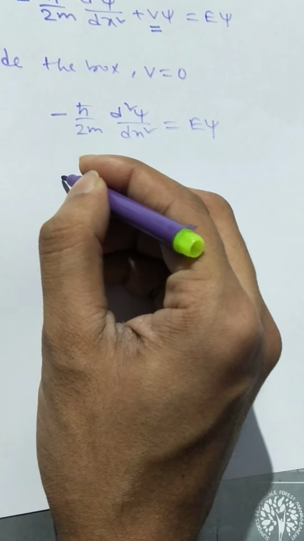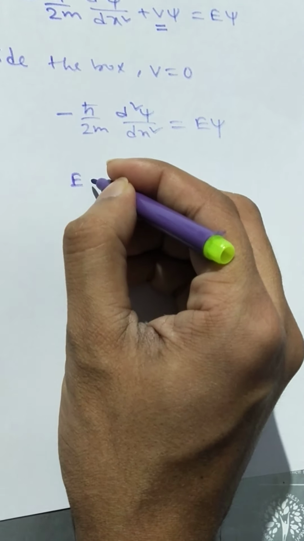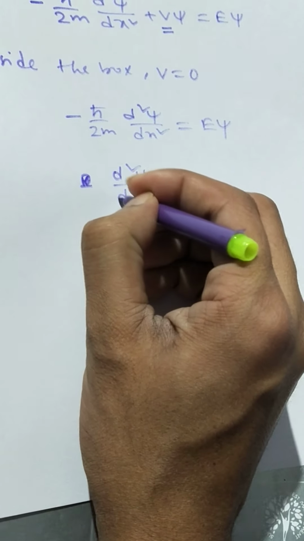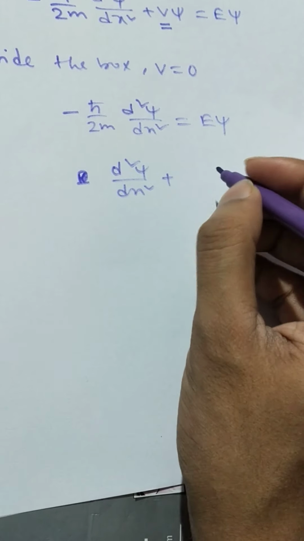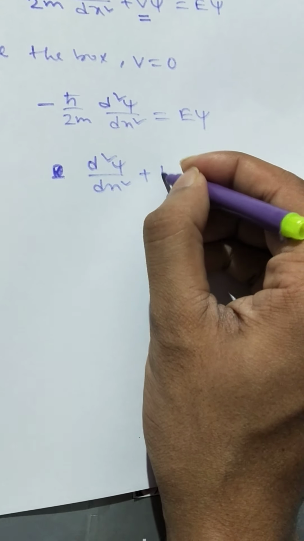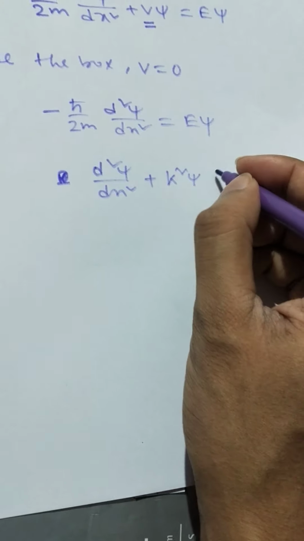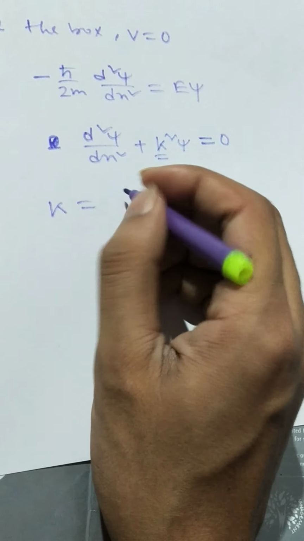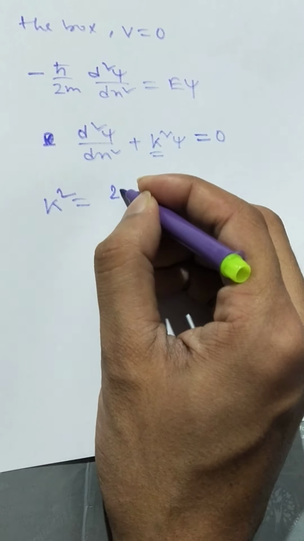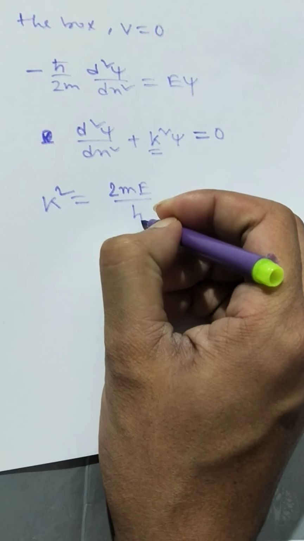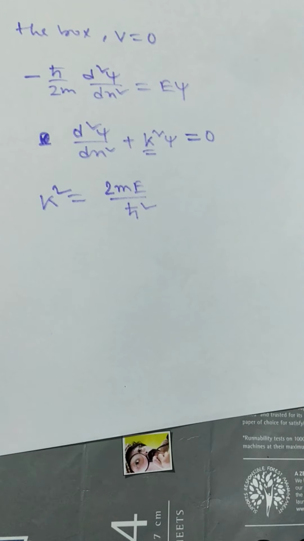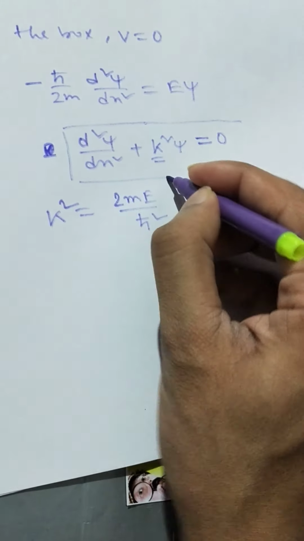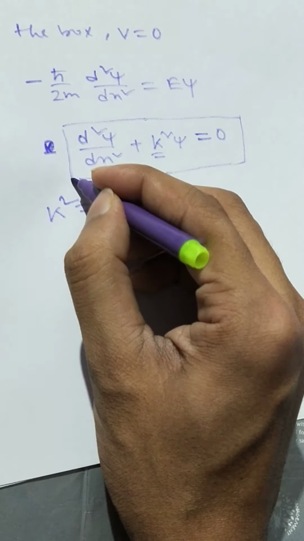Again we can write d2 psi by dx2 plus k square psi equals 0, where k square equals 2m capital E by h cut square. Now this is a standard wave equation.